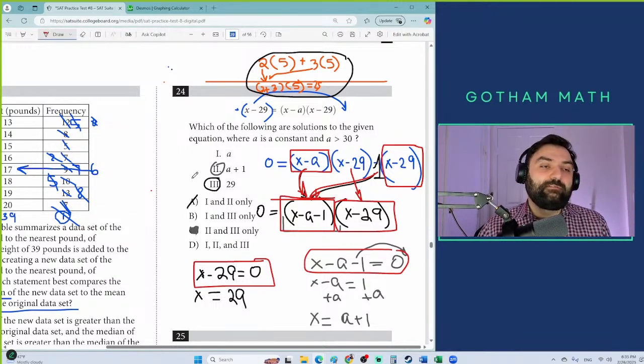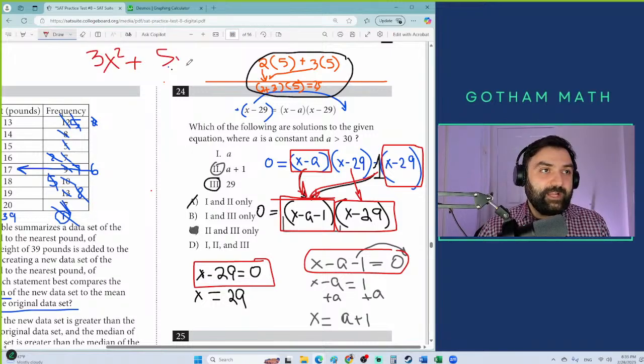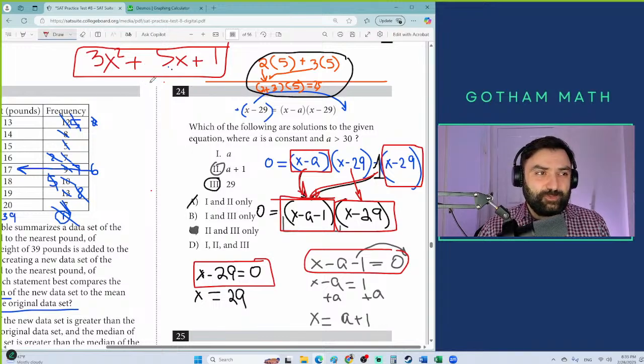If you ask me, Roman, what kind of theory can I learn to do this, nothing would really come to my mind except learning how to factor trinomials like 3x squared plus, I don't know, 5x plus 1, something like that. And when we were factoring this in our Algebra 1 or Algebra 2 class, you learned that trick over here.